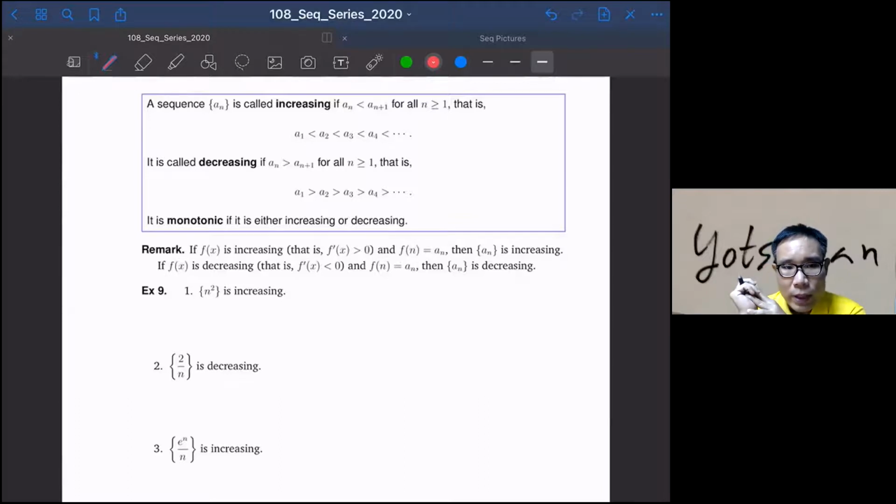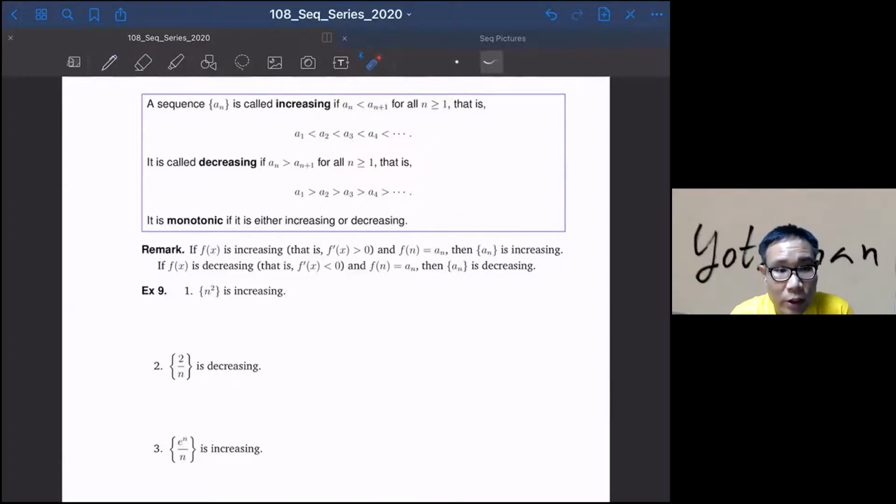A sequence is called increasing when the next term is higher than the previous term. So you have A1 less than A2, A3 greater than A2, A4 more than A3, and so on.